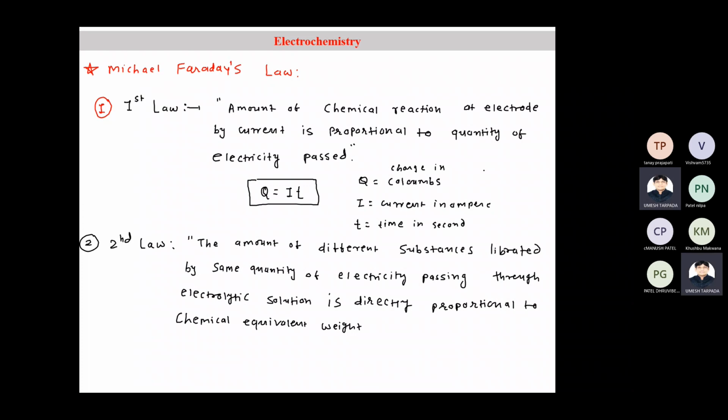You can also have this relationship: 1 Faraday is equal to 96500 coulomb.